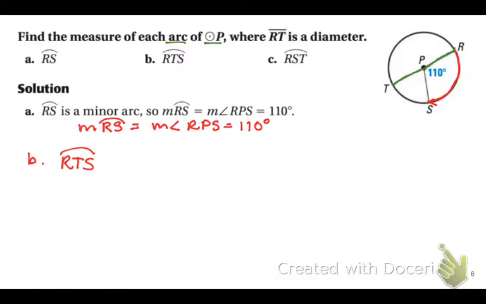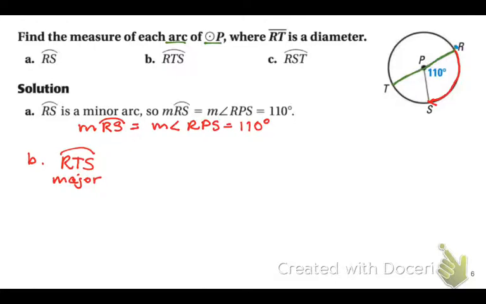First thing we have to notice is that RTS is a major arc because it has three letters. Change colors again. Here my starting point is R, but which way do I go?